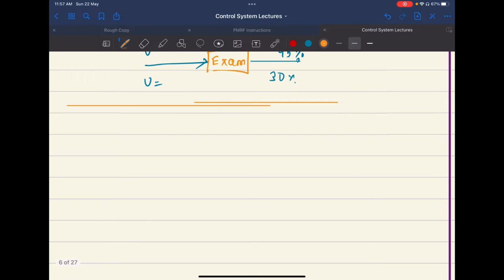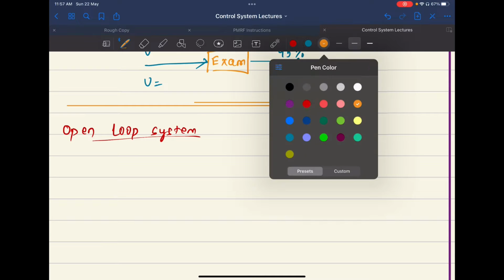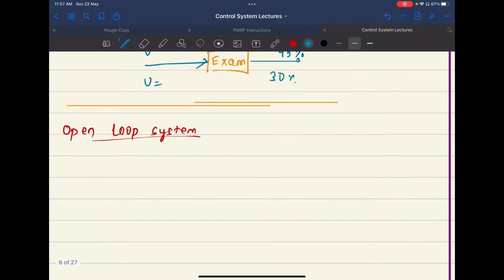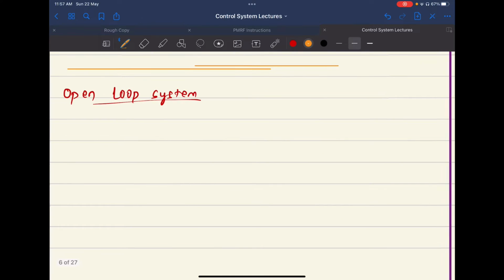So coming now to our most important question: what is an open loop system and what is a closed loop system? So let's discuss the open loop system. As the name suggests, an open loop system is open, the loop is open. What do we mean by the loop? If this is the G, we give some input and we get some output.